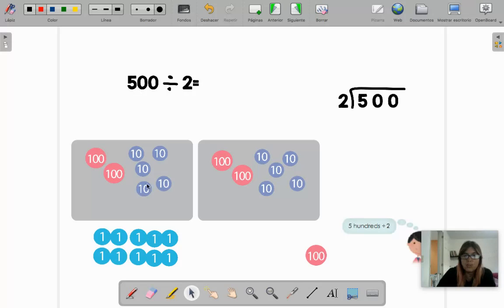How many did each boy get or each group gets? 100, 200, 10, 20, 30, 40, 50. So our answer is 250.